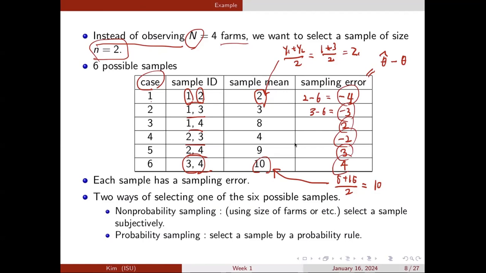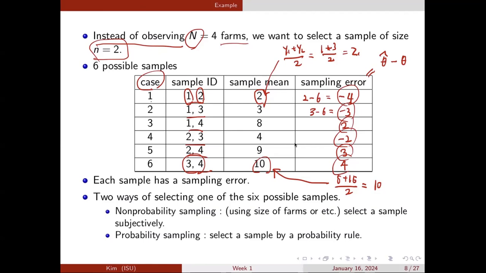So we are interested in selecting a sample that has the smallest error. But because we don't know the parameter, we don't know which one has the smaller error. So then there are 2 ways of selecting one of the 6 possible samples.